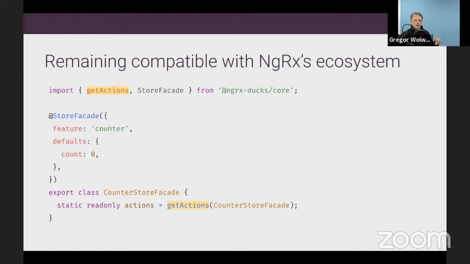And there are also helper methods that allow you to reuse those actions with a method called getActions. You need to pass the counter store facade token, and getActions will extract all the action creators of the class, and then you can use it anywhere else.